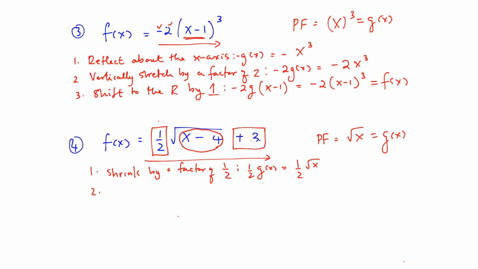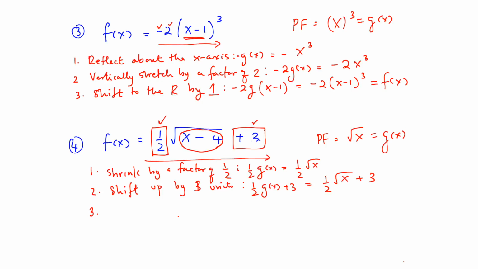I've done this. I need to go tackle the next one. What's the next one from left to right? So I need to shift up by 3 units, meaning I have 1/2 g of x plus 3. That is the same as 1/2 square root of x plus 3.